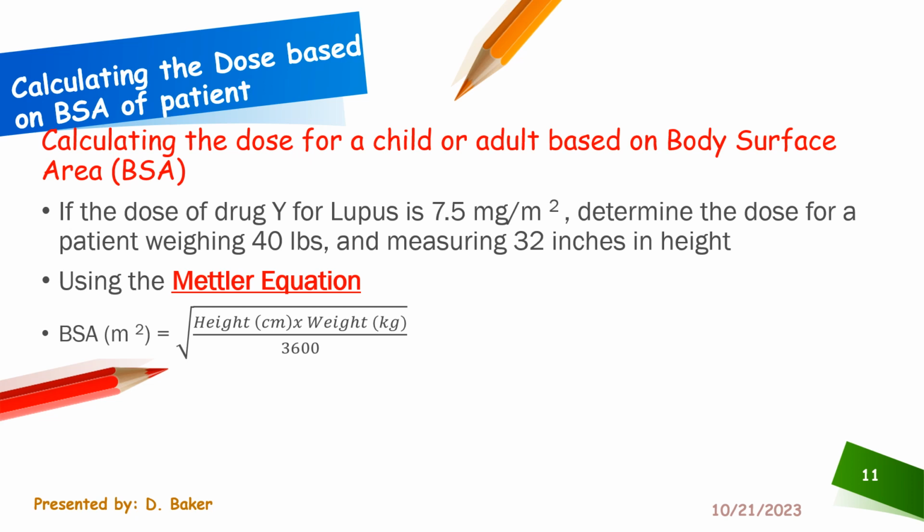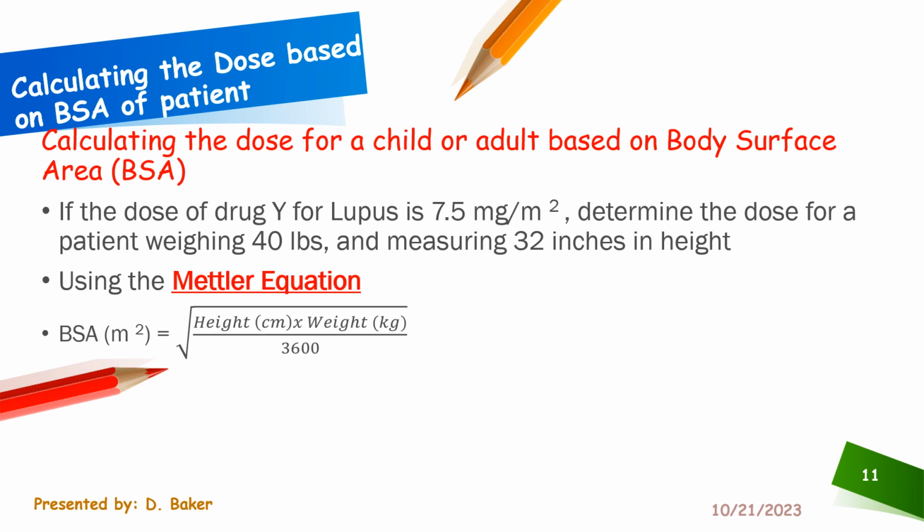So now let's look at a practice example. We're going to be calculating the dose based on the body surface area of the individual patient. The dose of drug Y for lupus is 7.5 milligrams per meter squared, and we want to determine how much of this drug to give to a child weighing 40 pounds and measuring 32 inches.